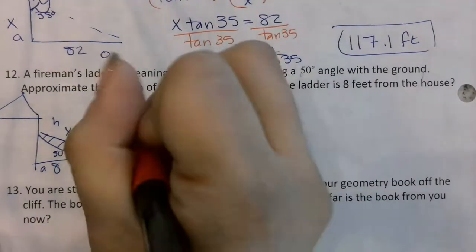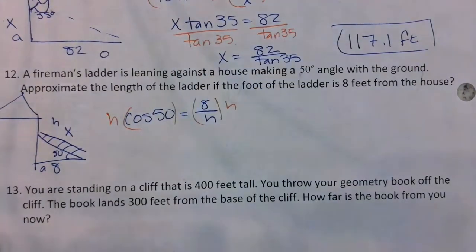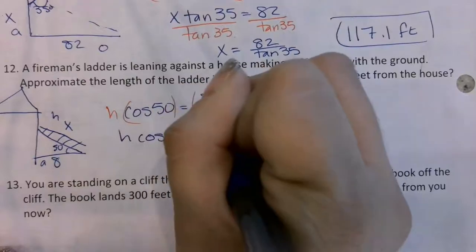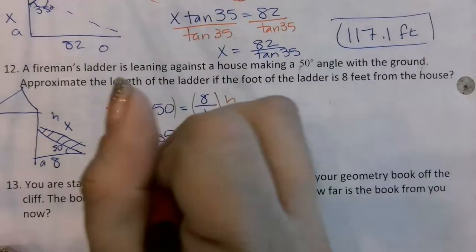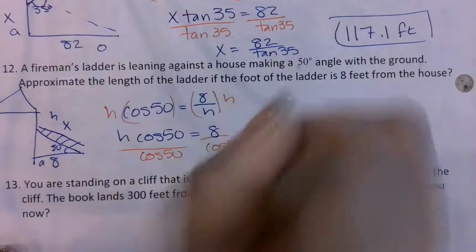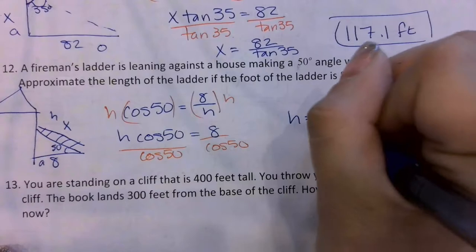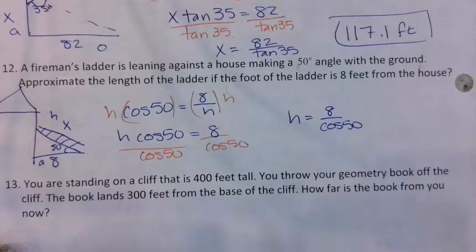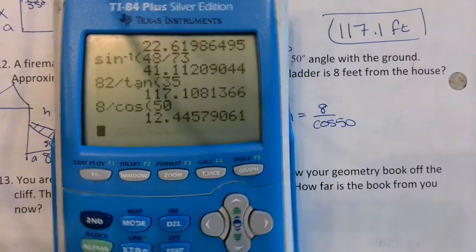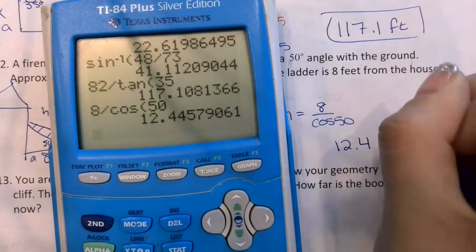I want to get rid of my fraction, so I multiply both sides by h. Then I want to divide both sides by cosine 50 to get h completely alone. And I get 12.4 feet.